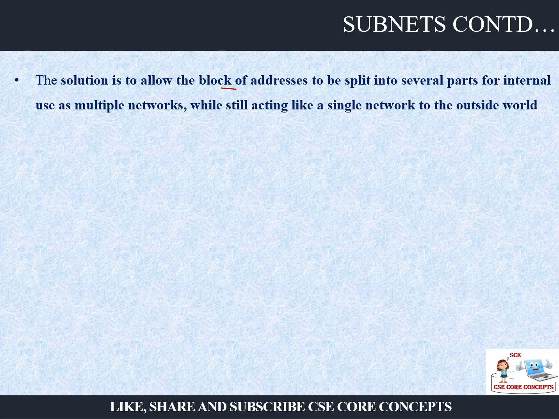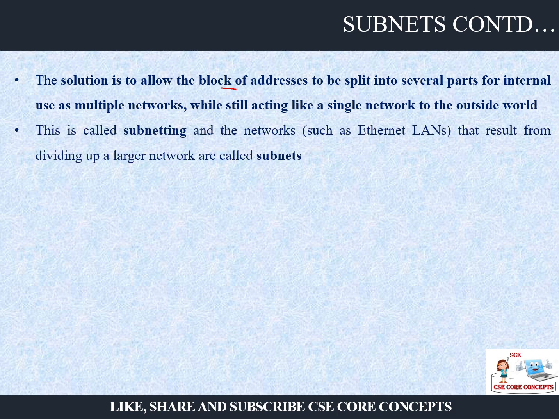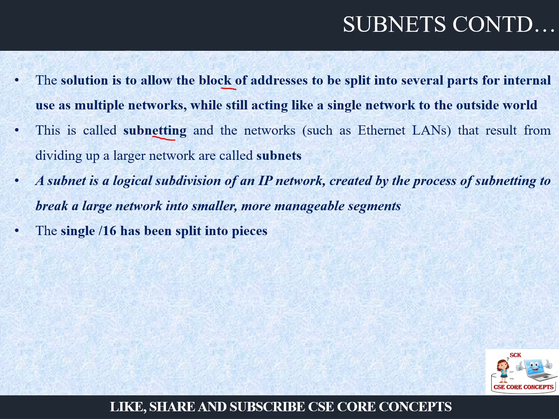So you can have a complete organizational network, and in that each department can have a small portion of the network. This type of formation is called subnetting, that is, subnetworks inside a network. You can get many subnets by dividing the larger network.